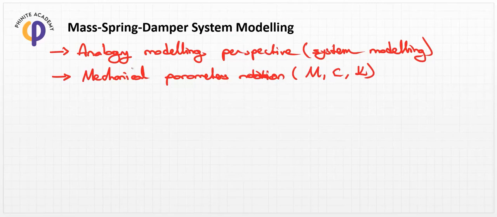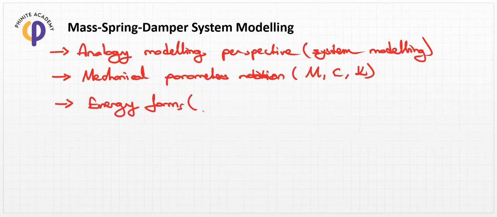Okay, and so in order to link these two things, between the mechanical parameters M, C, K and the analogy modeling, we should utilize the energy forms.